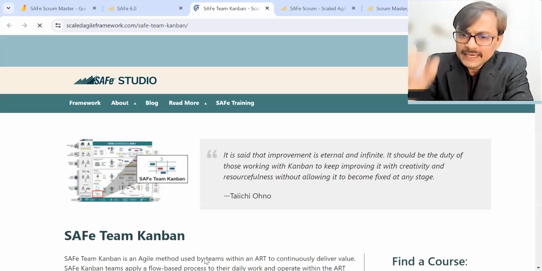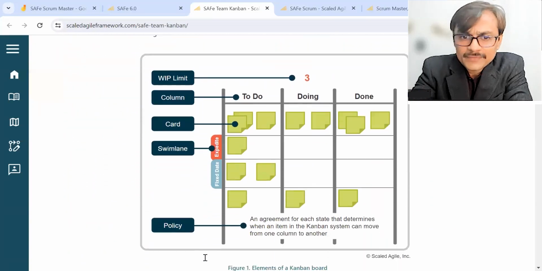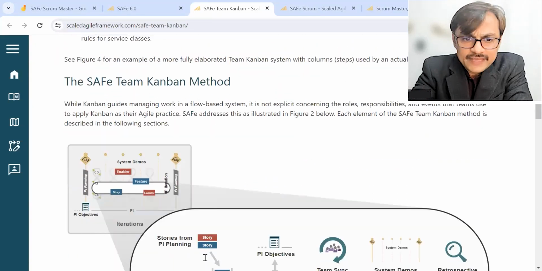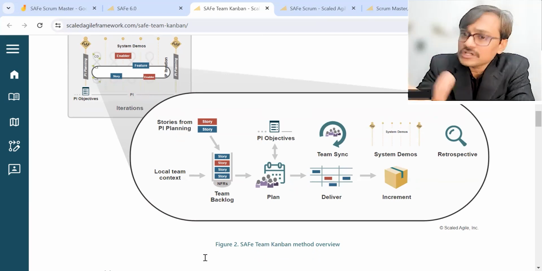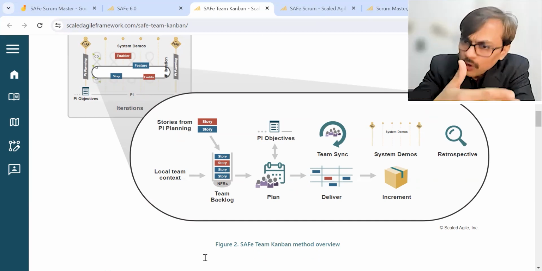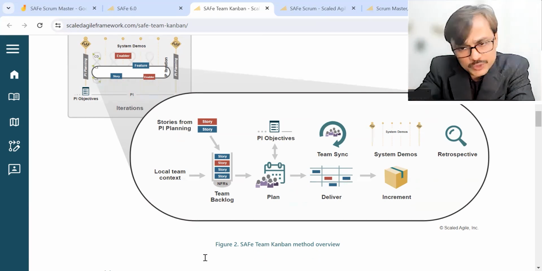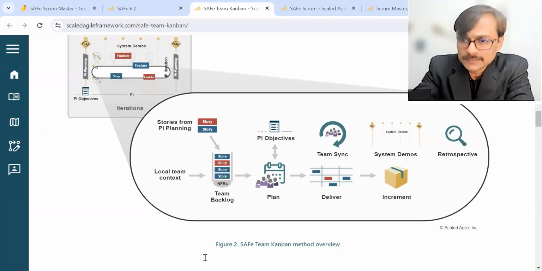The idea here is that some of the teams on the train can use Kanban. Briefly, Safe Kanban says you may not follow the time boxing of 2 weeks. You may not follow sprint planning or iteration planning meetings. You may have an ongoing, evolving execution using a Kanban board, and you may participate in system demos.